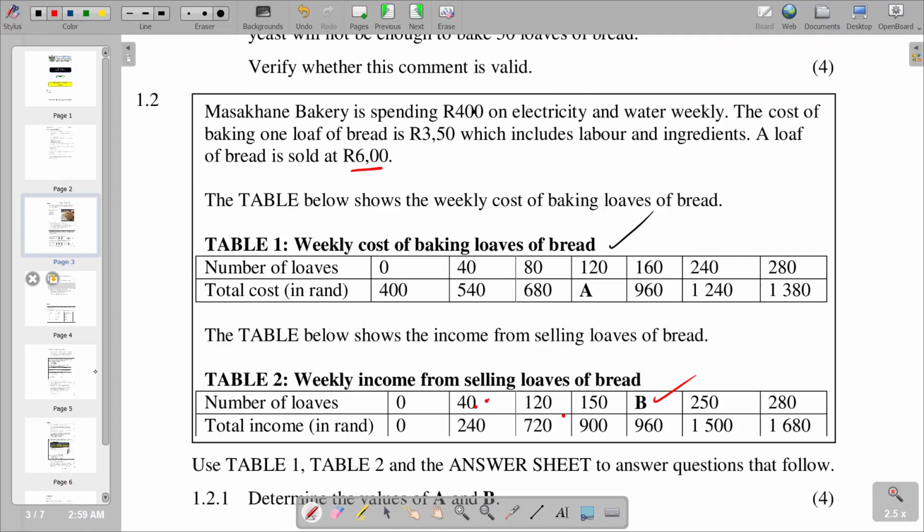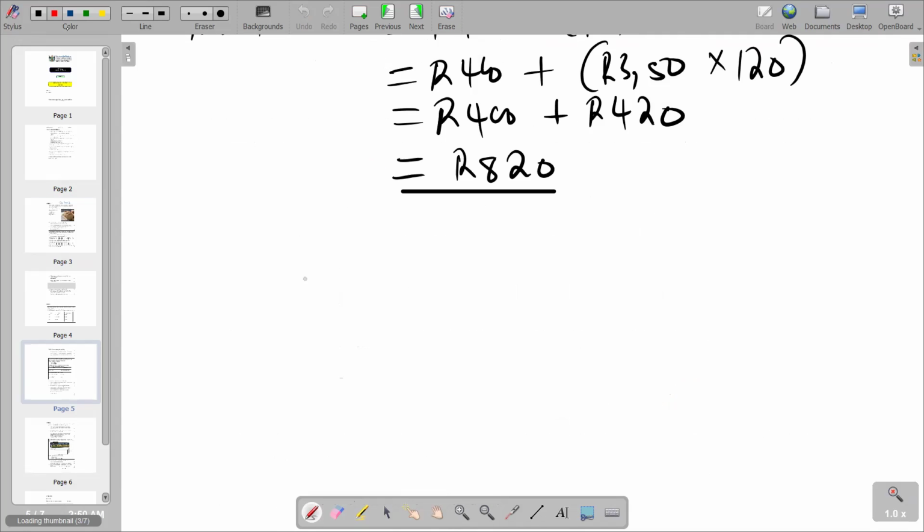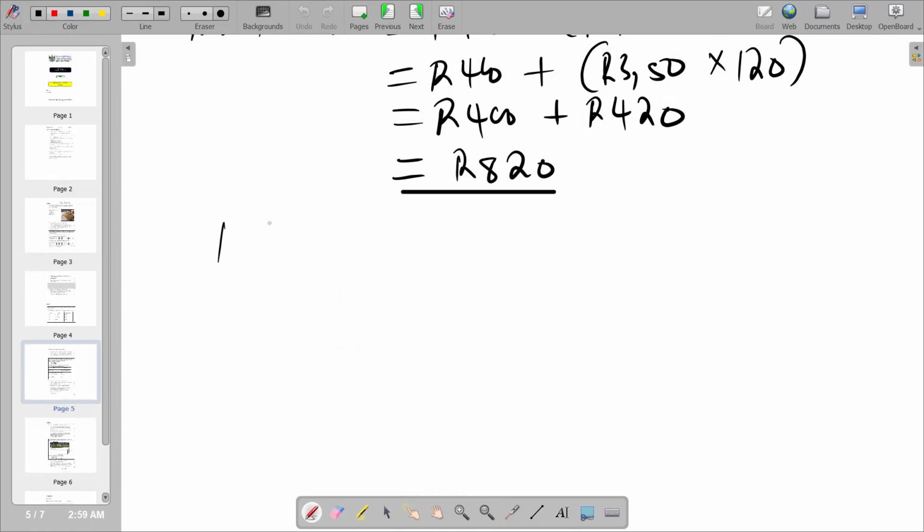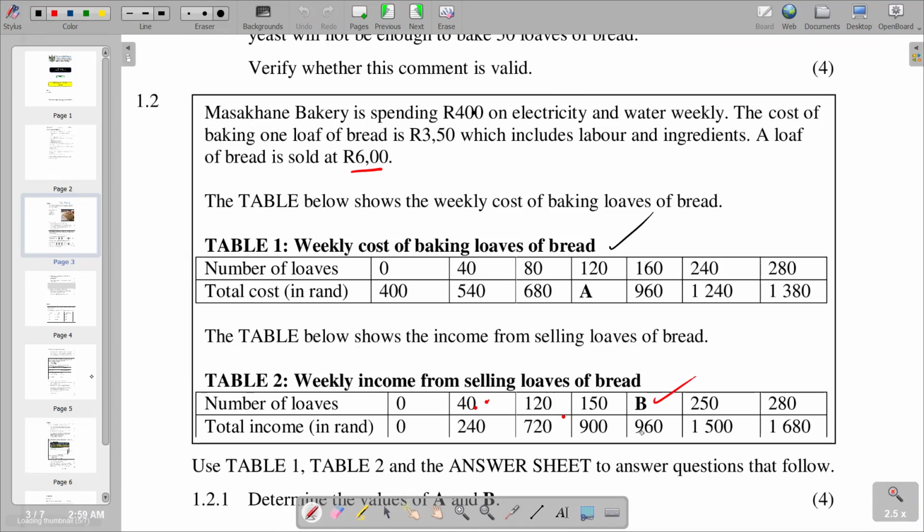So basically, in the answer section, for B, we can refer back: 6 rand times B, the answer that you get there will be equal to 960.